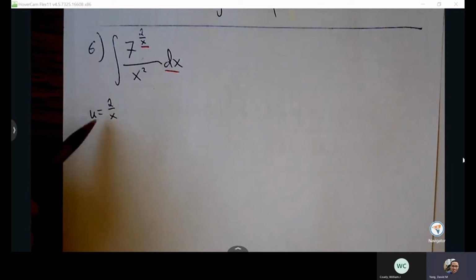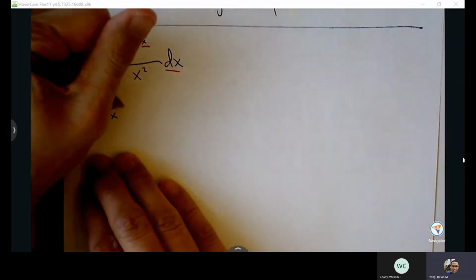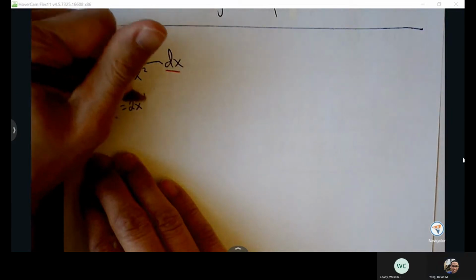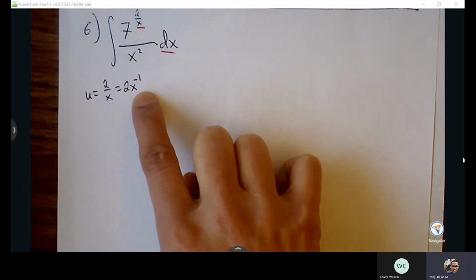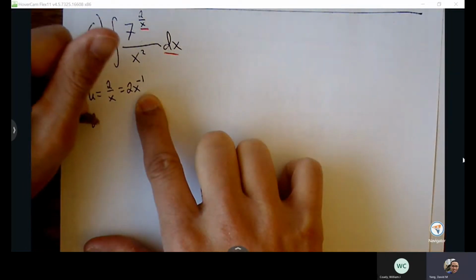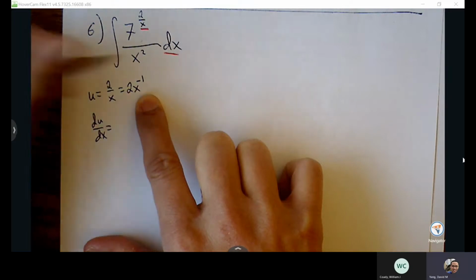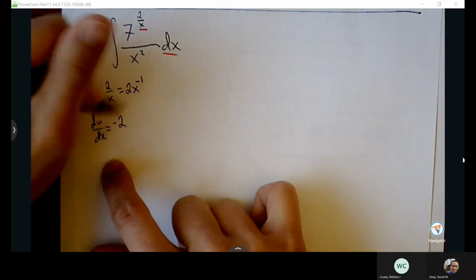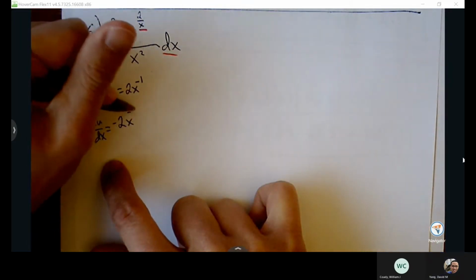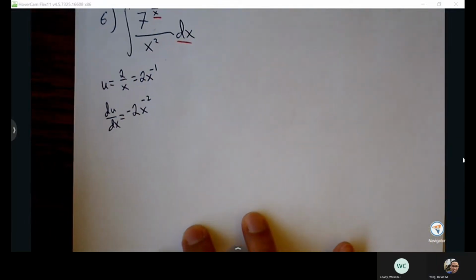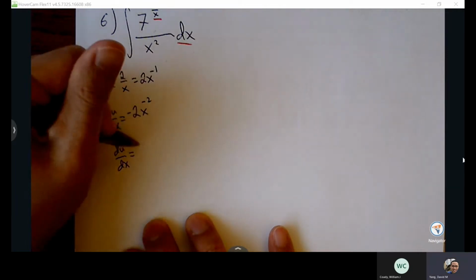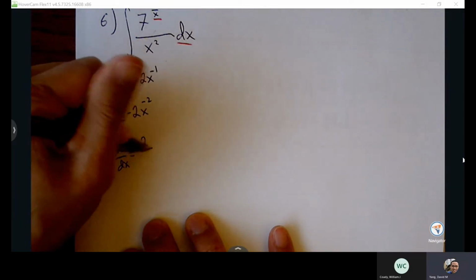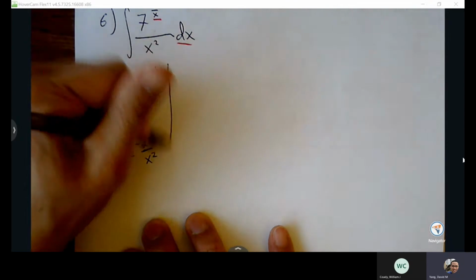I do want to get this ready for power rule. I prefer not to go through quotient rule, so I'm going to bring that x up to the top. Now this is nicely ready for power rule. So du dx, bring the exponent down, subtract 1 from the exponent. Do a little bit of cleanup, bring the exponent back down, and now I'm going to cross multiply.